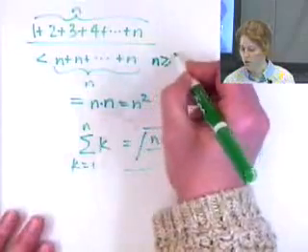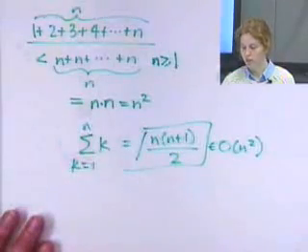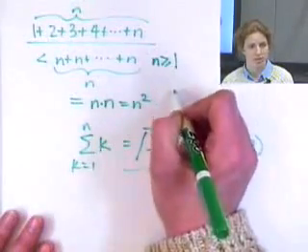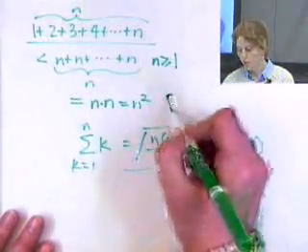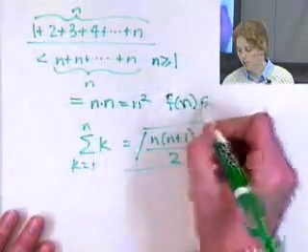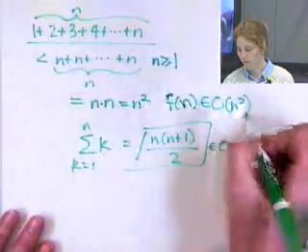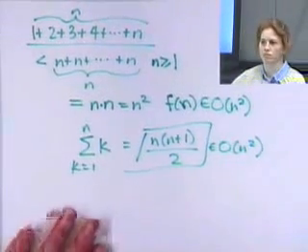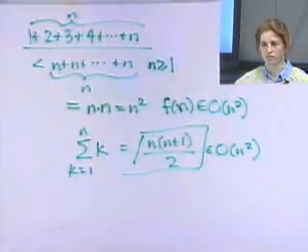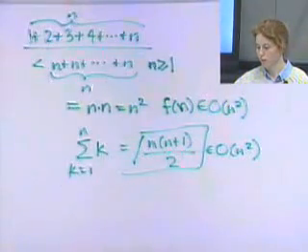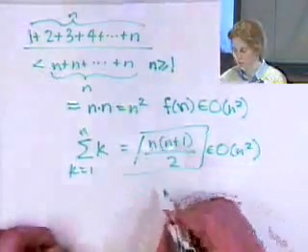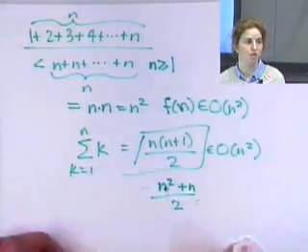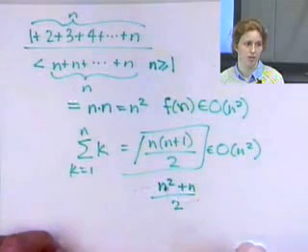This is true when my starting value is n greater than or equal to 1. So my constant is equal to 1, my start value is equal to 1. So this is a proof that f of n is in big O of n squared. And you can see here, that's equal to n squared plus n over 2. So that really is in big O of n squared. It's not a lot smaller than n squared.